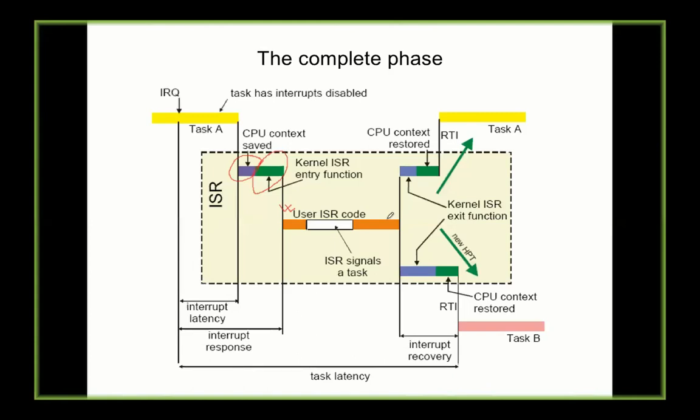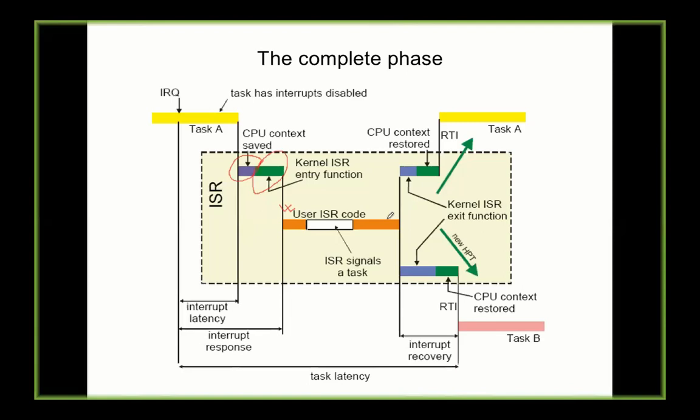Now we will talk about interrupt recovery. Now interrupt recovery has two definitions, guys. Okay. One of them is when you are having a non-preemptive kernel, it's a bit different from when you have a preemptive kernel.